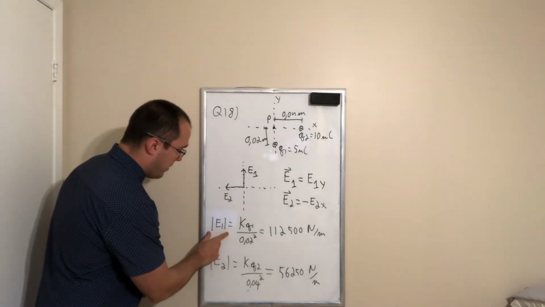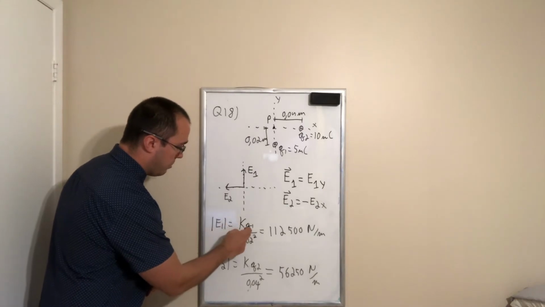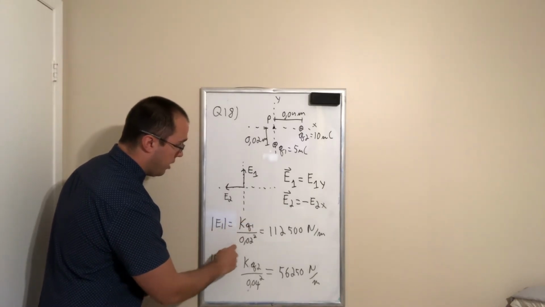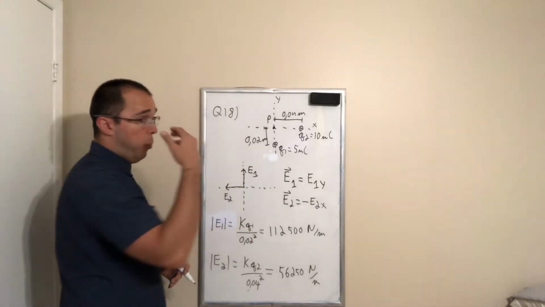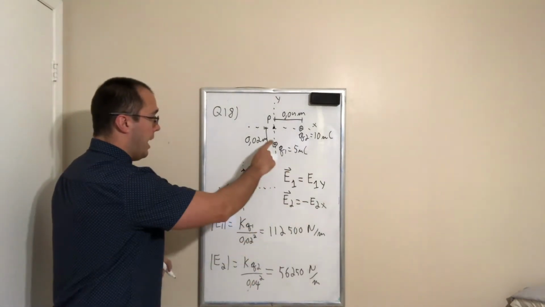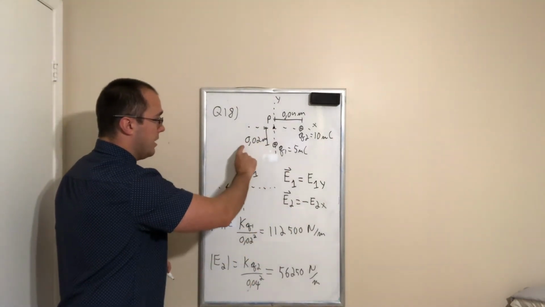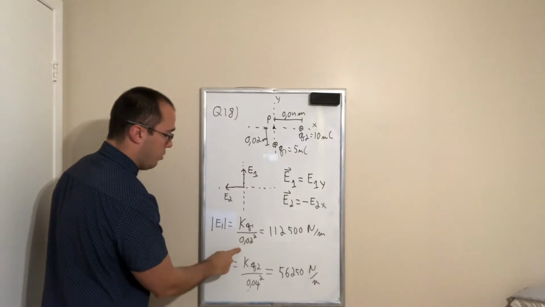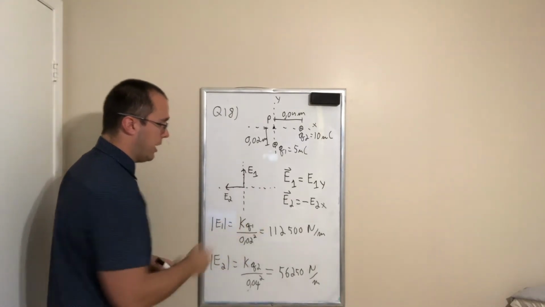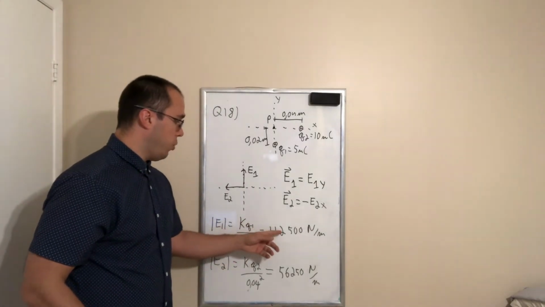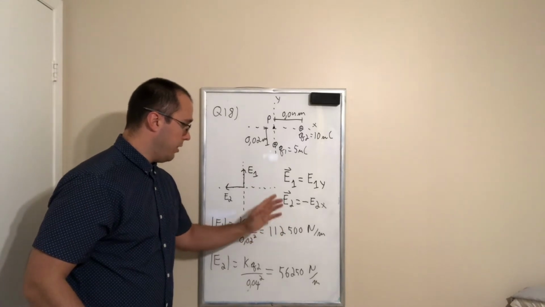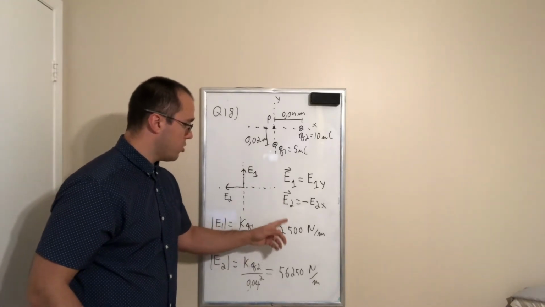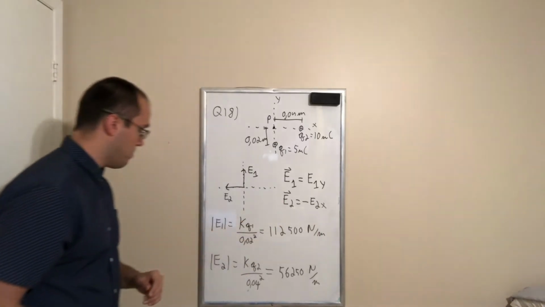So E1 is equal to the Coulomb constant multiplied by the first charge divided by the distance between the point we are considering and the first charge. In this case, it is 0.02 meter, so 0.02 squared, and we get an electric field of 112,500 Newton per coulomb.